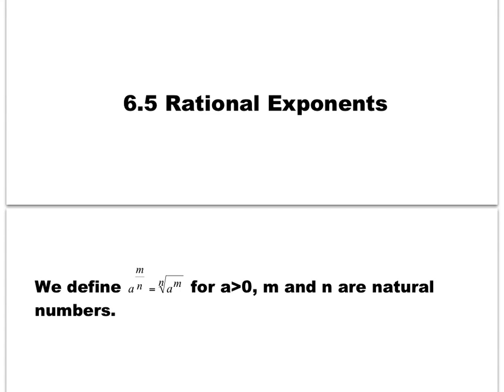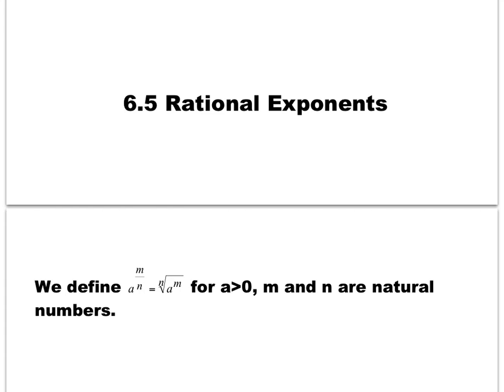We define any base a, exponent m over n, where m and n are natural numbers. By natural numbers, we mean 1, 2, 3, and so forth. And n is also a natural number, and a is greater than 0.